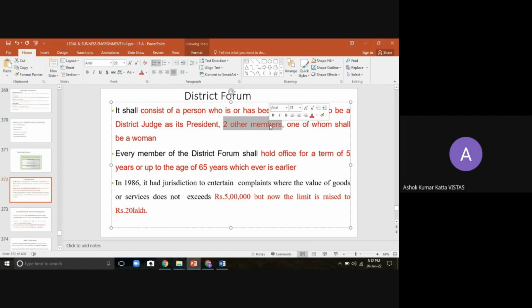In the district level forum, members will hold office for 5 years, or once they attain the age of 65, whichever is earlier, and then they will step back from the district level forum.